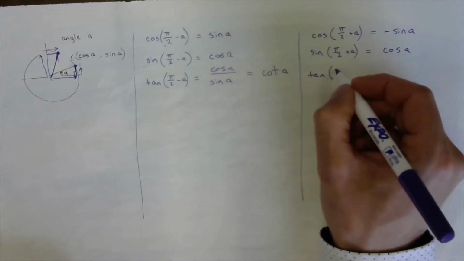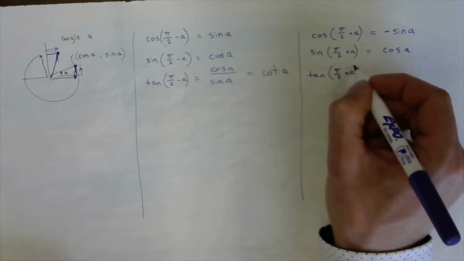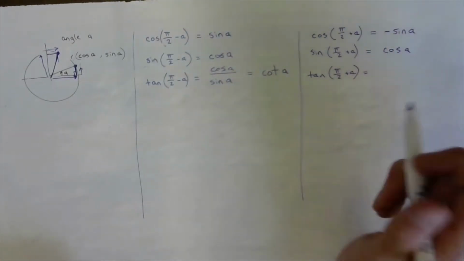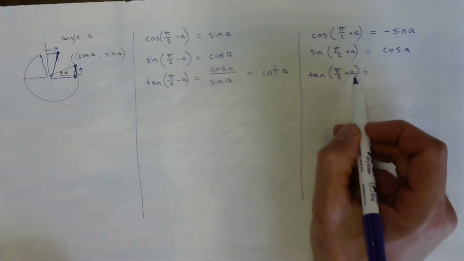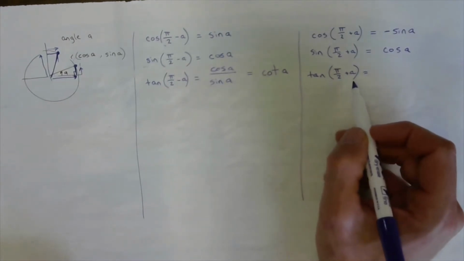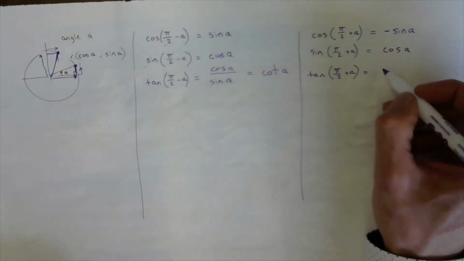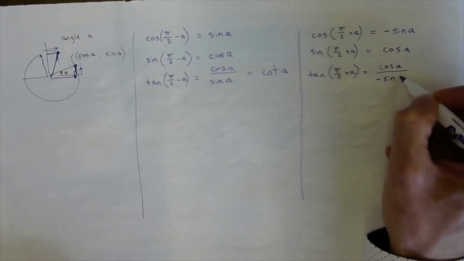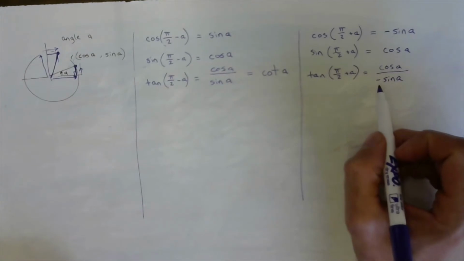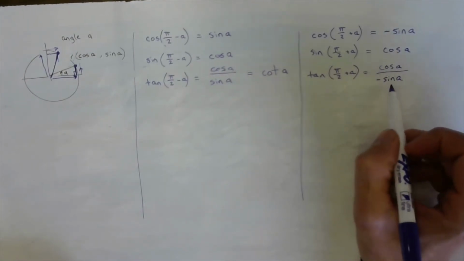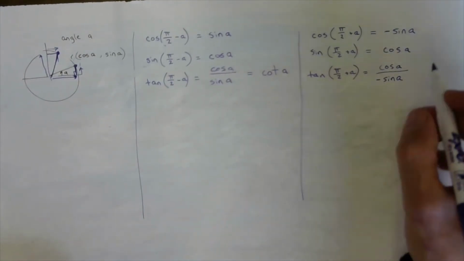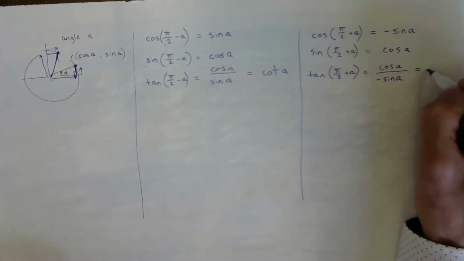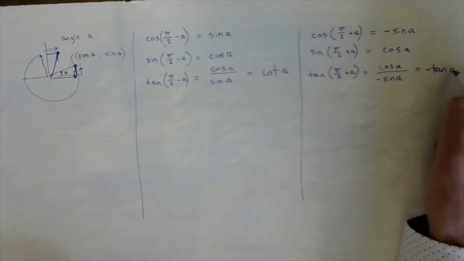The tan of pi over 2 plus a is the sine of pi over 2 plus a over the cosine of pi over 2 plus a. So we've got cos a over negative the sine a. So now we have a negative, and it's still the reciprocal of tangent, which is cotangent. So we're looking at negative tan of a.